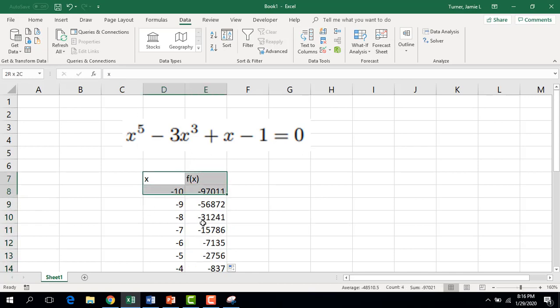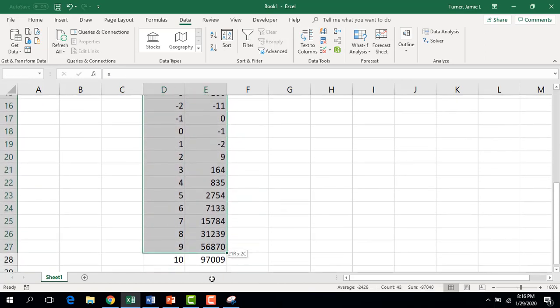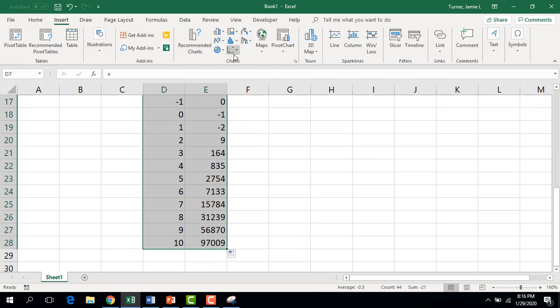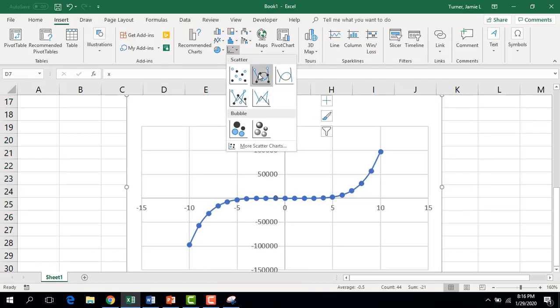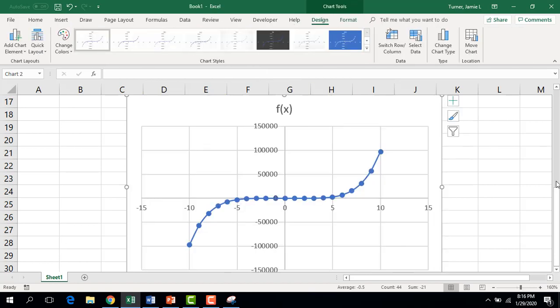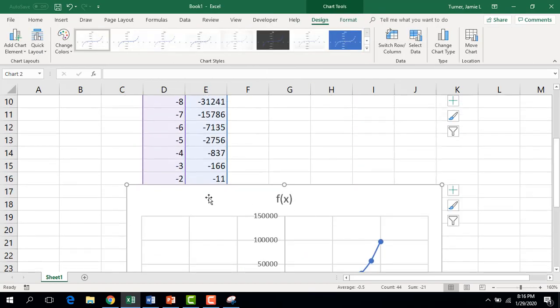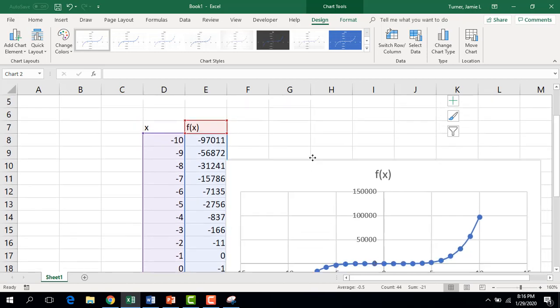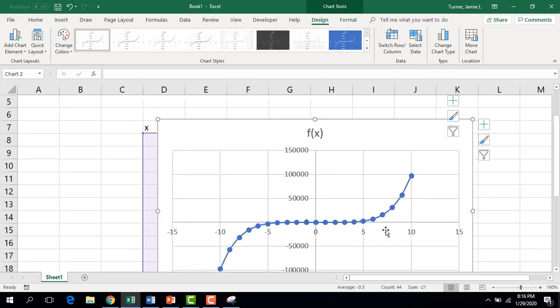And then we want to just see what's going on. So I'm going to go ahead and insert just a good old XY scatter plot. So it might be interesting to add a trend line to that and see how well Excel is able to put a trend line. Shall we try it? Just out of curiosity. So Excel actually does have a polynomial trend line.